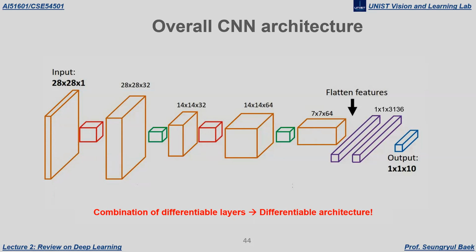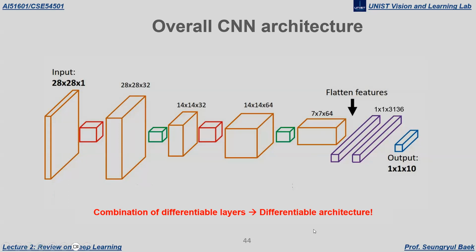So this 7 by 7 by 64 will be flattened into a 3136-dimensional 1D vector. Then we apply the linear operator, which is a differentiable layer, to process the 1D vectors.